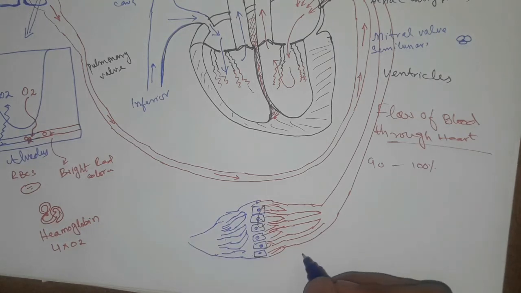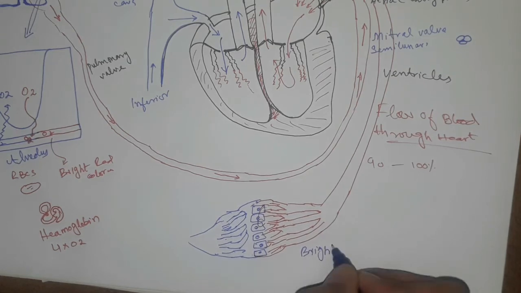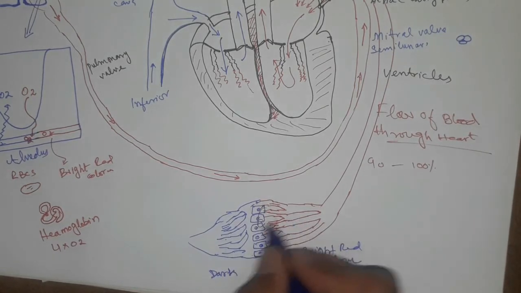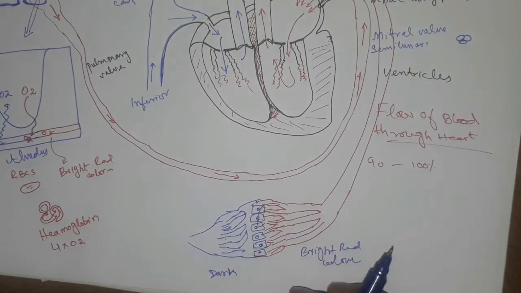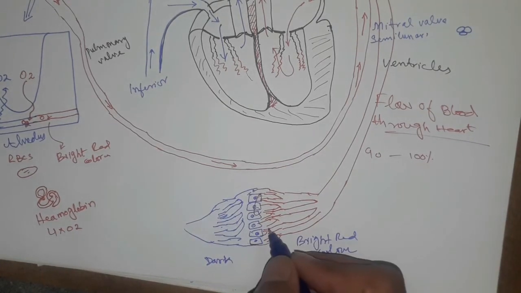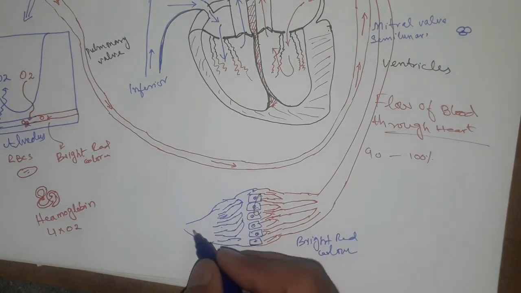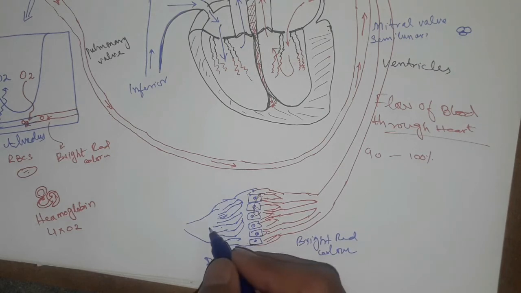So the blood which was bright red color here is now dark red color, because it has given up most of its oxygen and other nutrients, and has picked up carbon dioxide. So its color becomes a dark red again, and it starts its journey into the venules and veins, and then into the larger vein.